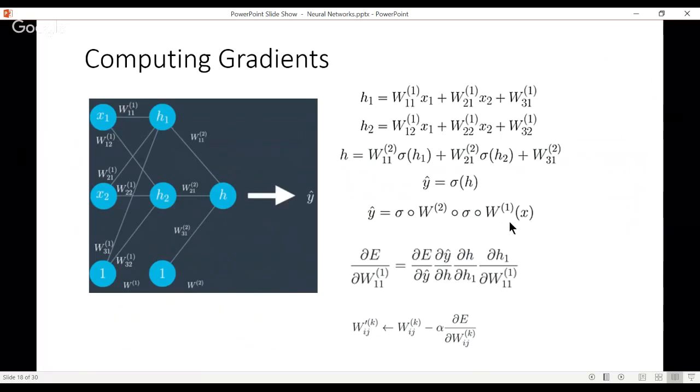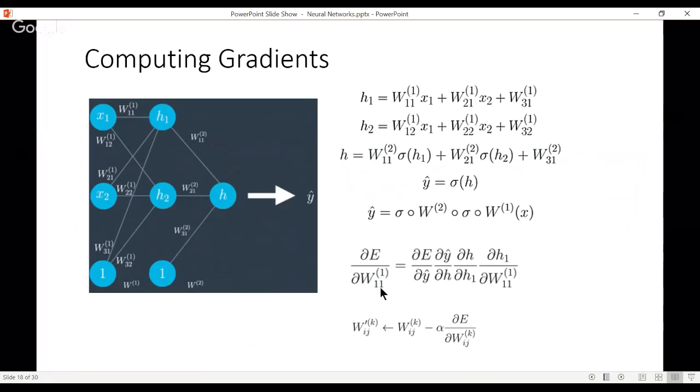You can see here, y hat is the sigmoid of h, and h in turn is the sigmoid of these two, and h1 is a linear combination of x1, x2, x3.